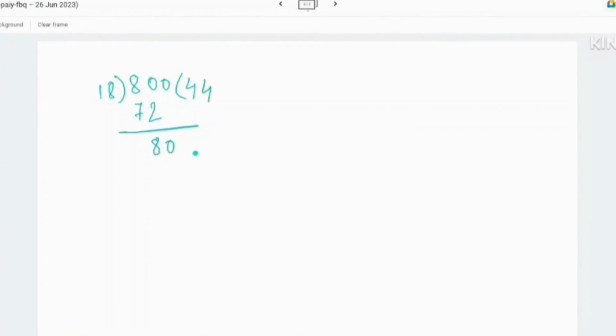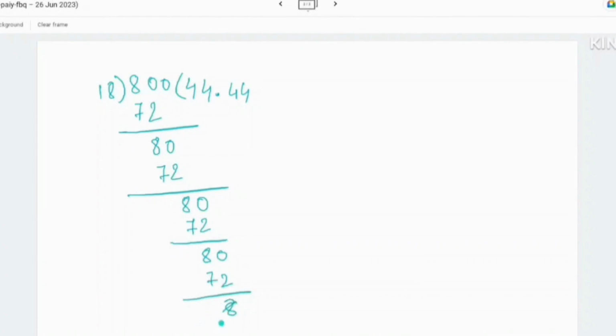Again 80. Again 4, 72, we want our decimal point over here, 80, again 72. So this will continue. This is a recurring decimal, right? Recurring decimals mean where it continues. The same thing keeps on repeating. The same digit will keep on coming infinitely.